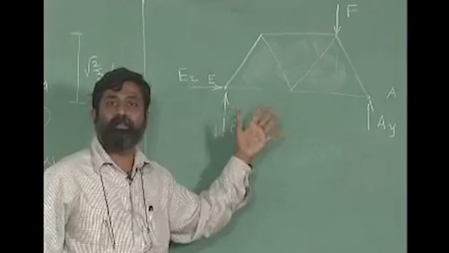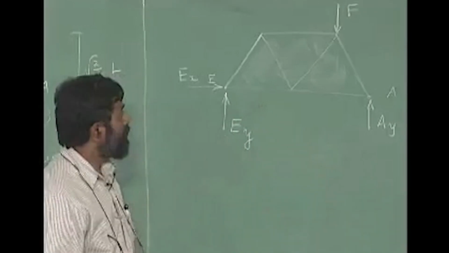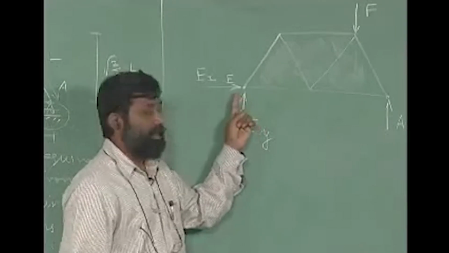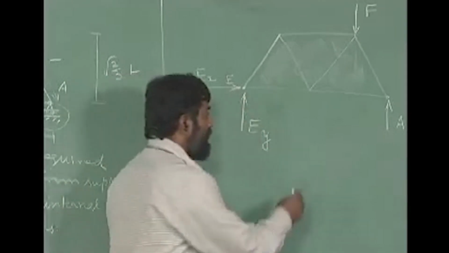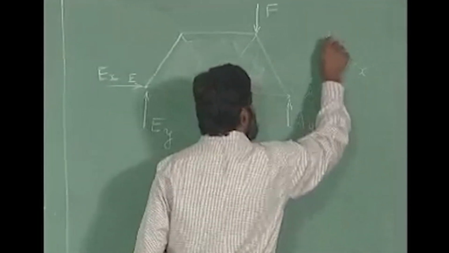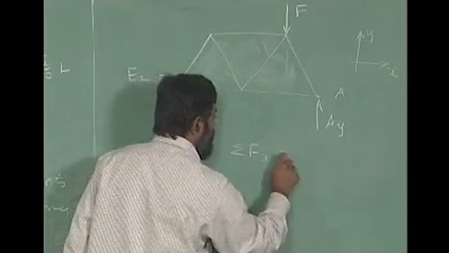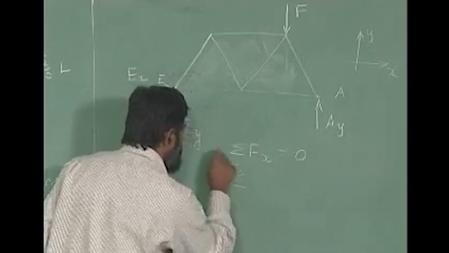In this particular case it is stationary or it is a static equilibrium. Okay. So I can employ the three equations sigma, let us say this is x direction, this is y direction. I can employ these three equations.